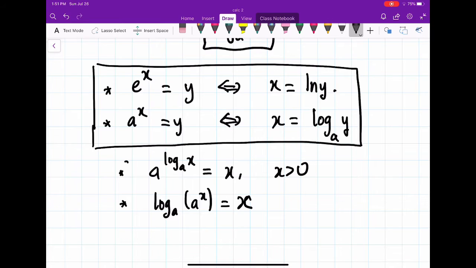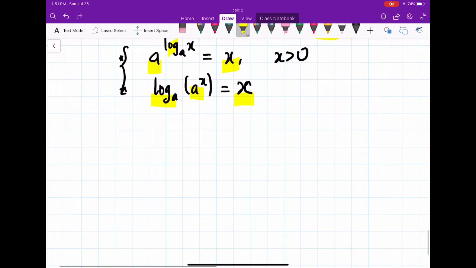These two properties come from two identities of inverse functions, because we know the exponential function a to the x and log base a are inverses of each other. So when you apply a to the inverse, you get the identity, meaning x. When you apply log to the exponential, you also get x. Agree? So those properties are really simple and really similar to the case of the natural logarithmic and natural exponential functions.